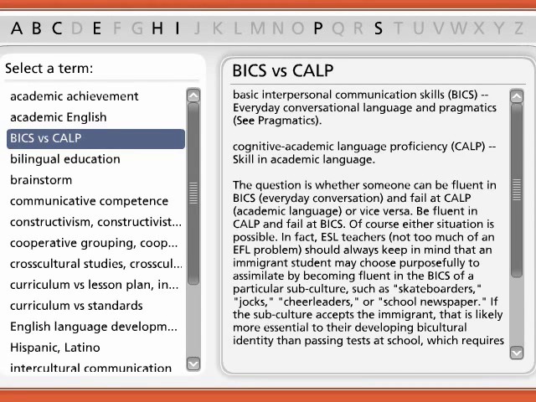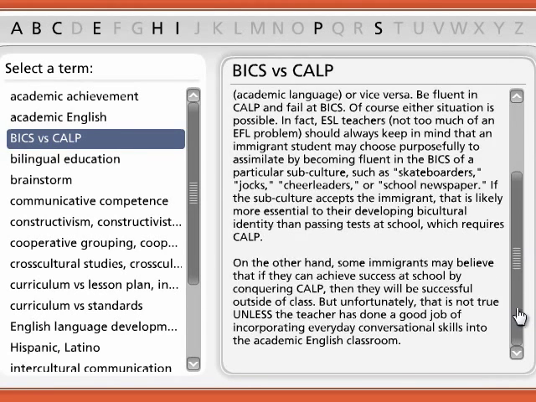In fact, ESL teachers, not too much of an EFL problem unless you're preparing students to move to an English-speaking country, should always keep in mind that an immigrant student may choose purposefully to assimilate by becoming fluent in the BICS of a particular subculture, such as skateboarders, jocks, cheerleaders, or school newspaper.